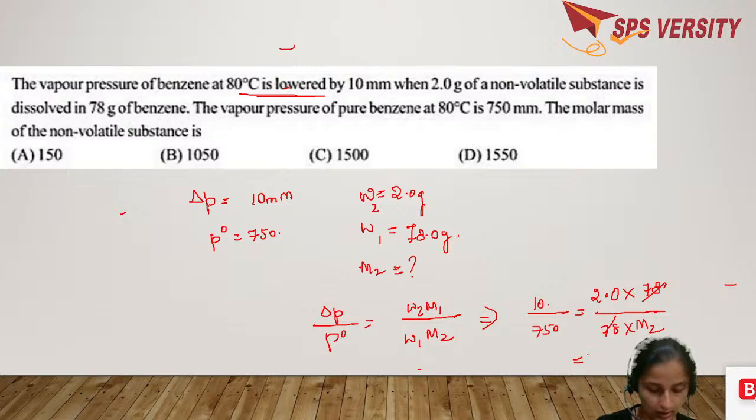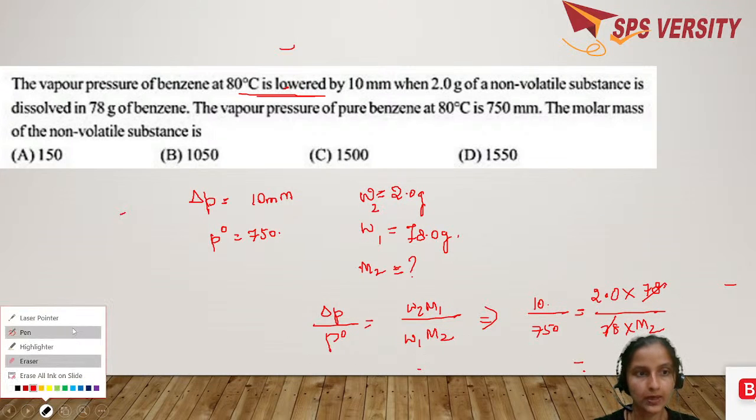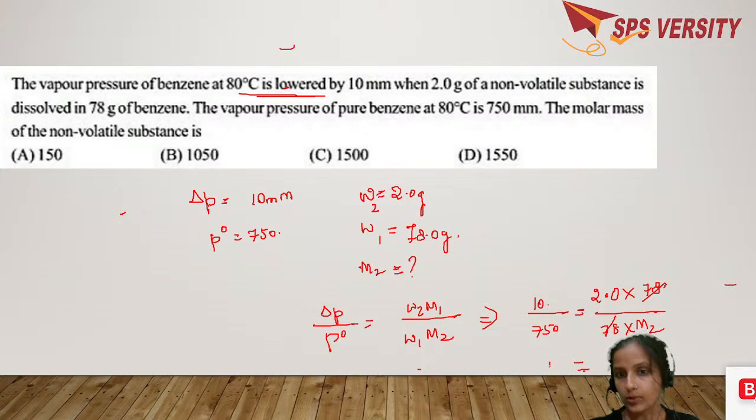Let me calculate. I think I'm right here. If you calculate this, 2 times 750 divided by, sorry, so you are finding M2.